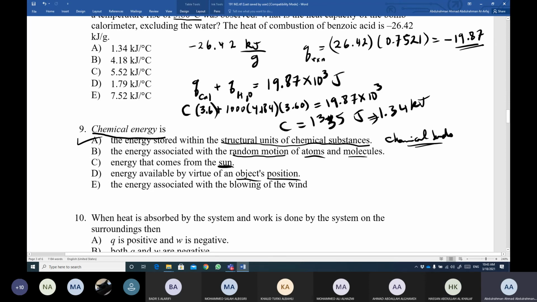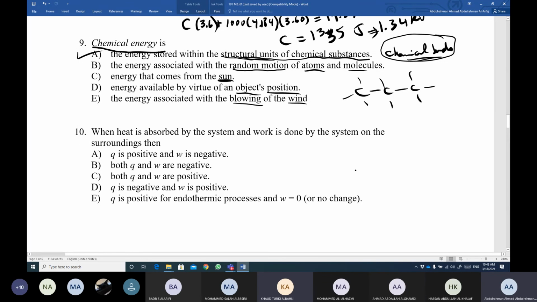No. Okay, is it the energy associated with blowing of the wind? That's wind energy. But chemical energy is related to the chemical bonding, which is the structure of the chemical compound. That's why it's related to the bonds. Clear? Doctor, yes.